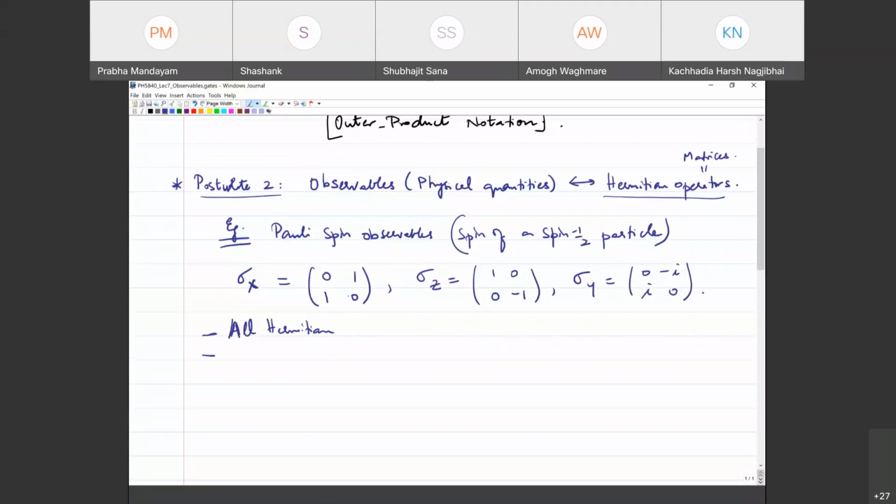The physical quantities that they correspond to are spin along x, z, and y directions respectively.